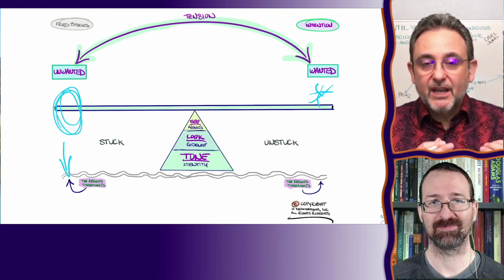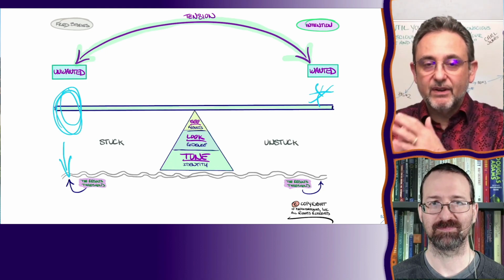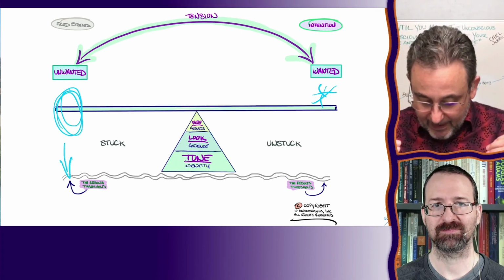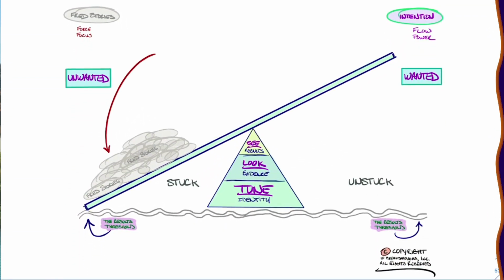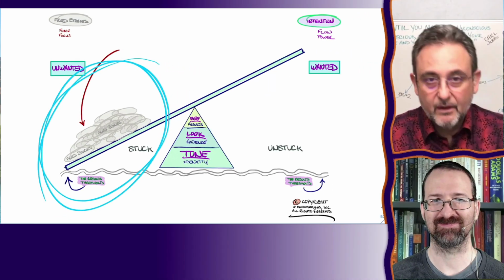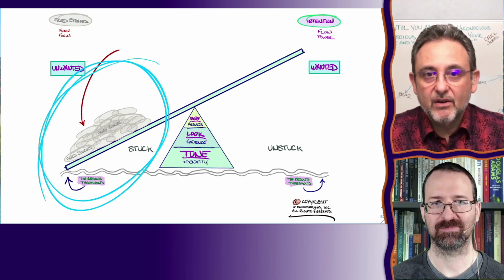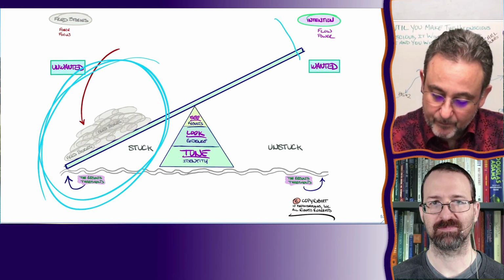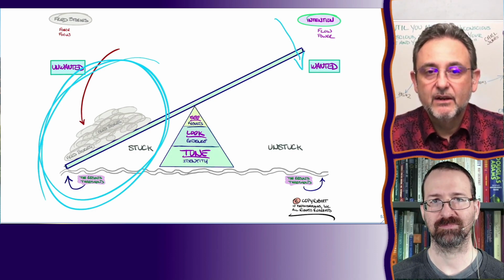But if you use the unwanted side of the seesaw to say, oh, well, what is it that I really want? What is it that I want to create in my life? Okay, great. However, here's the problem, and this is what we'll be getting into in a future episode: there might be that mean sixth grader sitting on the seesaw weighting it down, that I call Fred stories, that you have to then overcome on a particular subject to force it down, to create the results that you want.